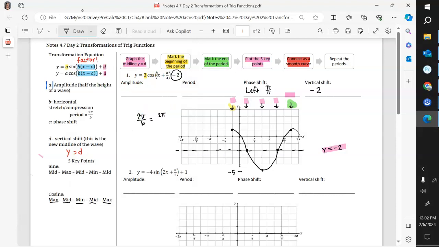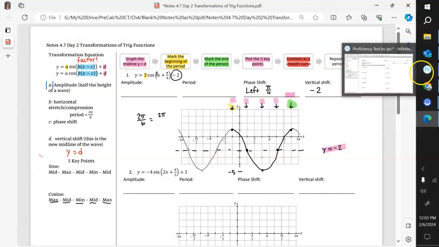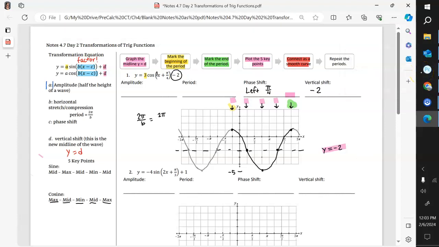So it would repeat from there. And that is my cosine function.